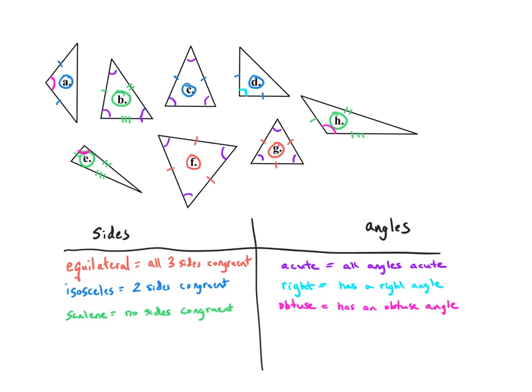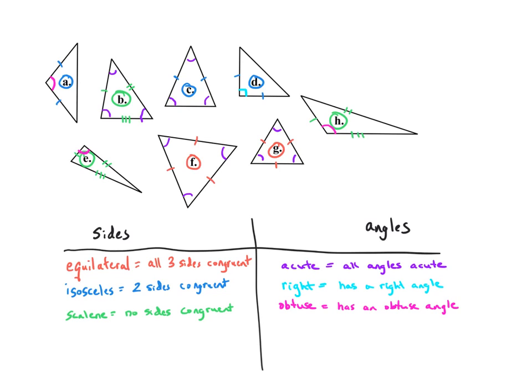And just like a right triangle, it is impossible for a triangle to have multiple obtuse angles because an obtuse angle is greater than 90 degrees, and you can't have two angles that are greater than 90 degrees and still have a sum of 180.